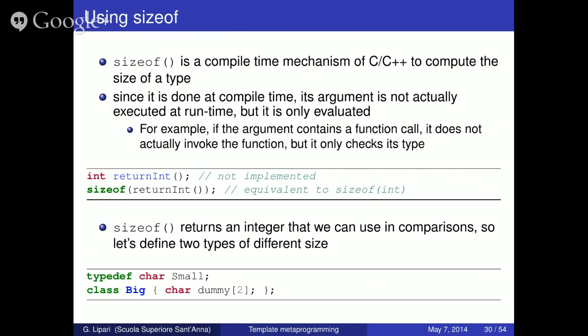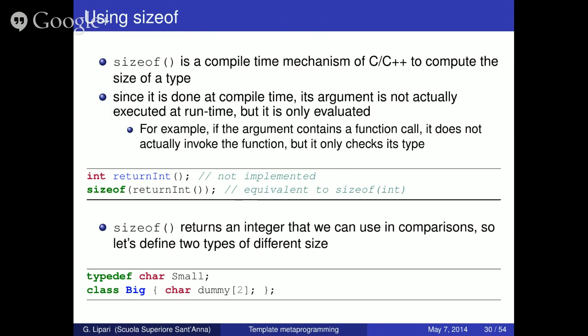So we are going to use sizeof. Sizeof is a compile time mechanism of C++ to compute the size of a type. And since this is done at compile time, its argument is not executed at runtime, but it's only evaluated.